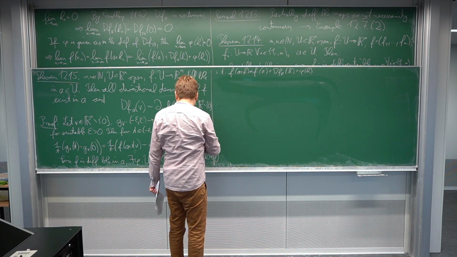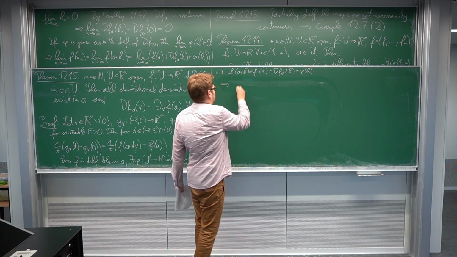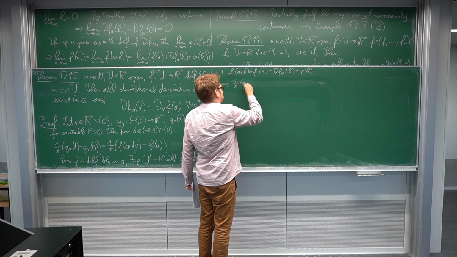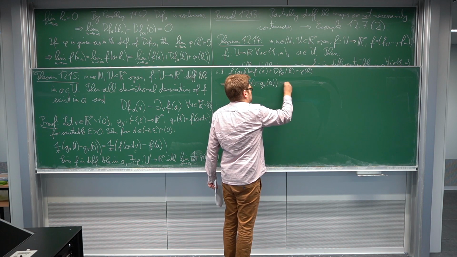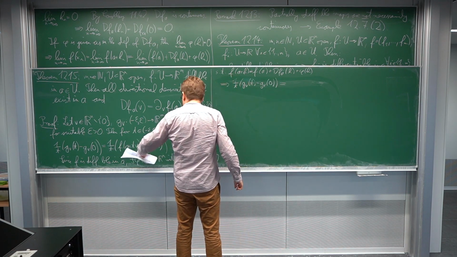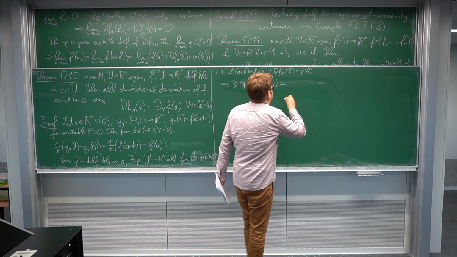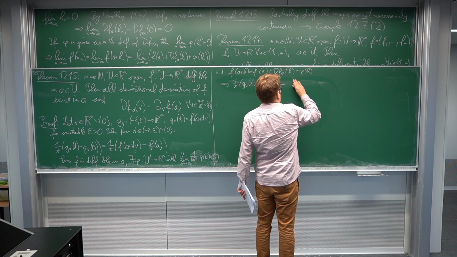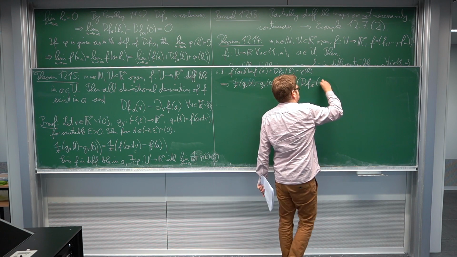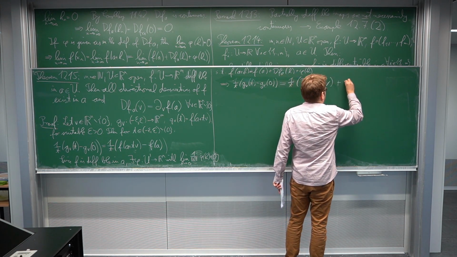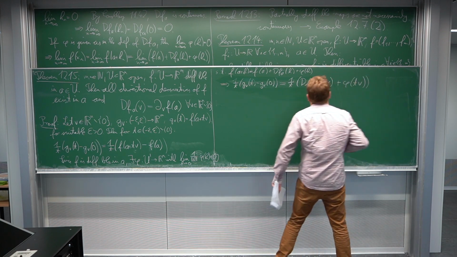If we insert this into that equation, if we take h to be t times v, this means we get that 1 over t (gv of t minus gv of 0) is f of a plus tv minus f of a, and if we subtract f of a on both sides, we get that this is the same as 1 over t times (dfa of tv plus phi of tv). Okay.